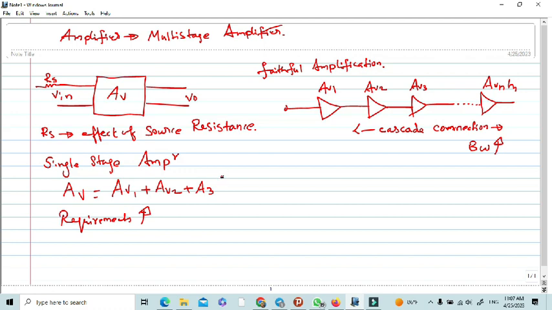So before going to discuss everything, we will start with what are the best advantages of multi-stage amplifier over single stage. The first advantage is the gain is going to improve. Another advantage is the Q point.